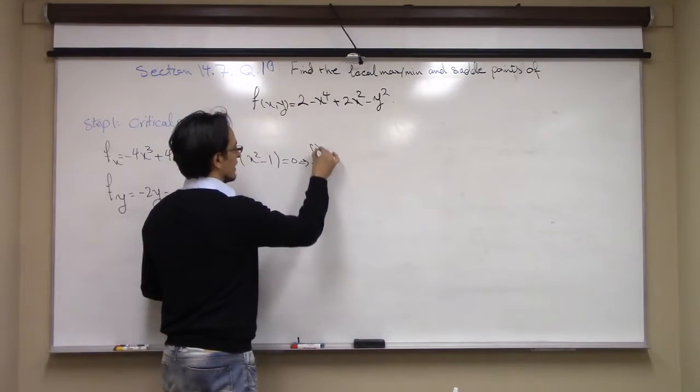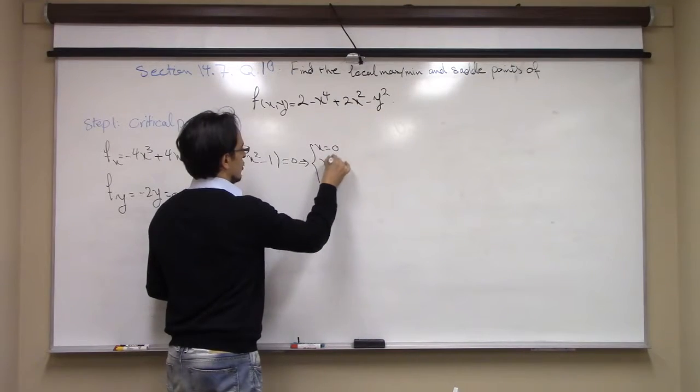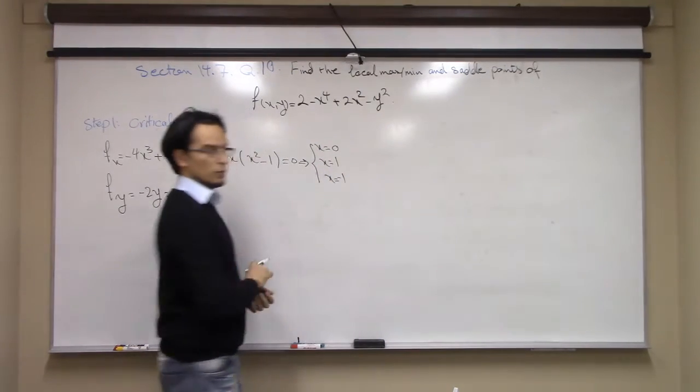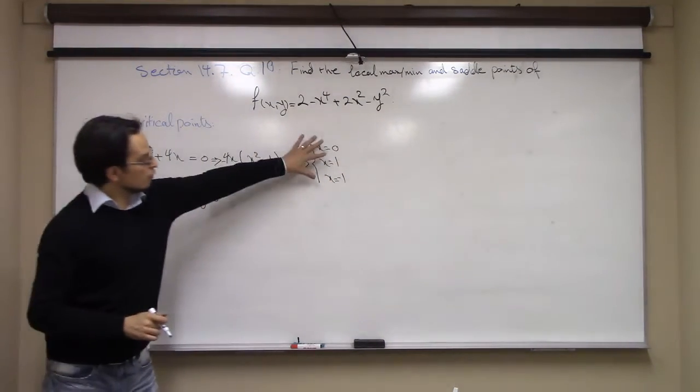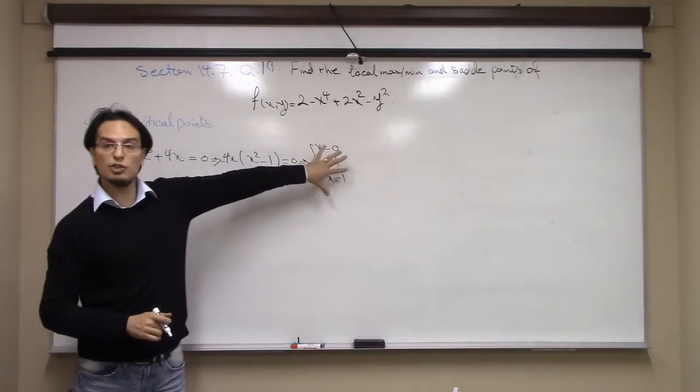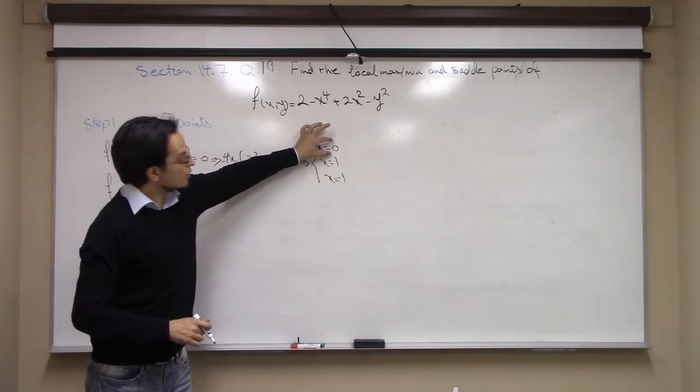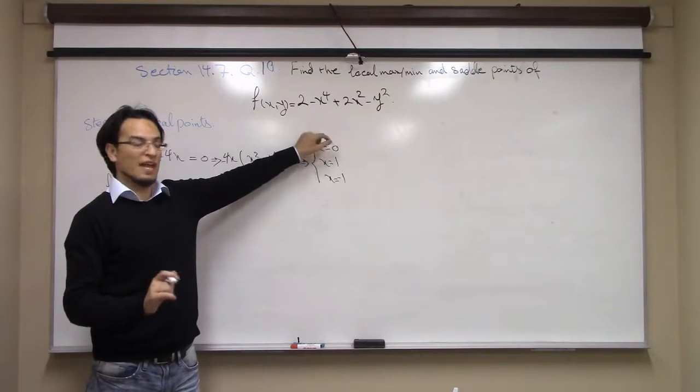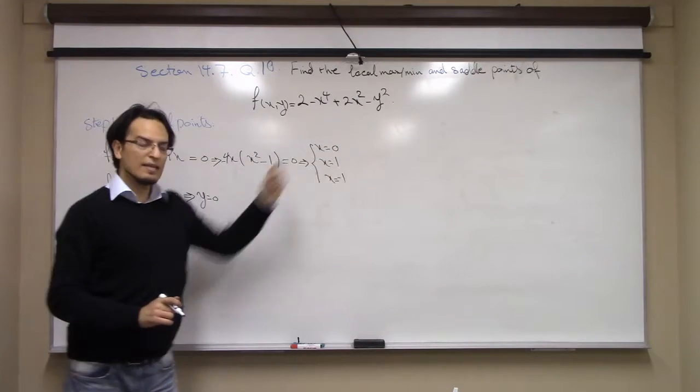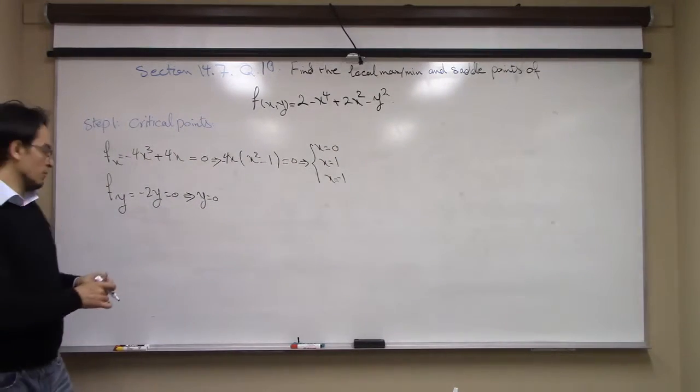And if you solve that, you get x equal to 0, 1, negative 1. Since there is no dependence between equations, the critical points are going to be the points for which we have these values of x and this value of y.